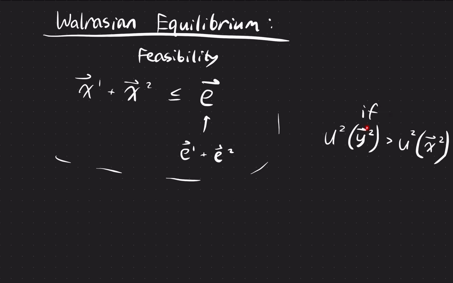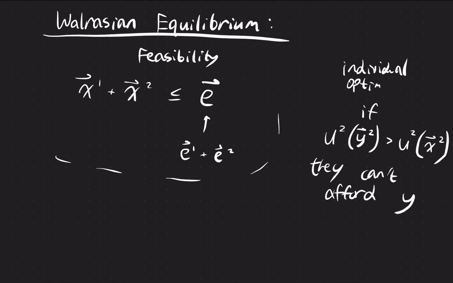So if an allocation y versus x makes person 2 happier, we say they can't afford y. And this is what we call individual optimality. So the other condition that we have to satisfy, we have feasibility and individual optimality. Those two together constitute a Walrasian equilibrium.